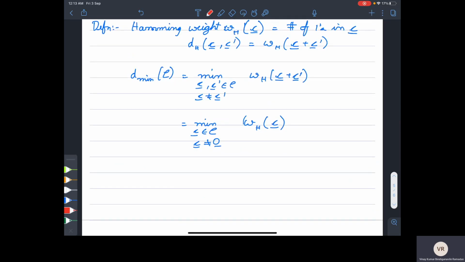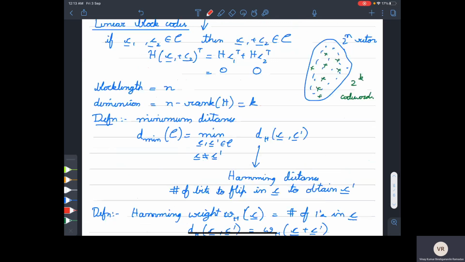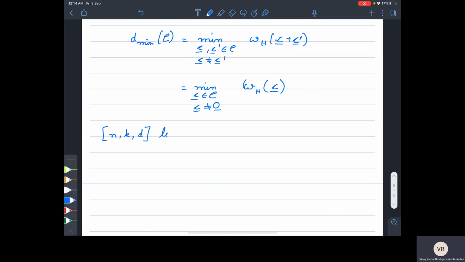So these are the three parameters that underlie any linear code: the block length, dimension, and the minimum distance. Usually linear codes are referred to as n, k, d linear codes, which means it has a block length n, dimension k, and a minimum distance d.